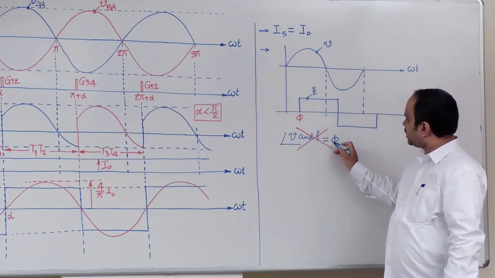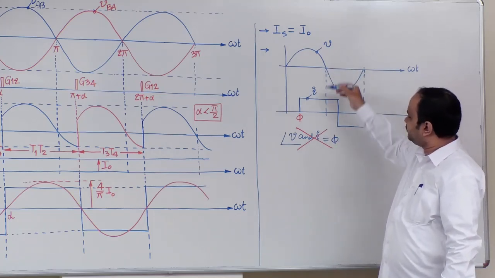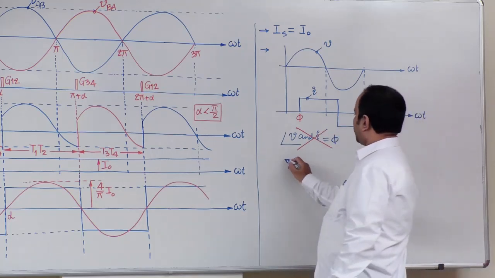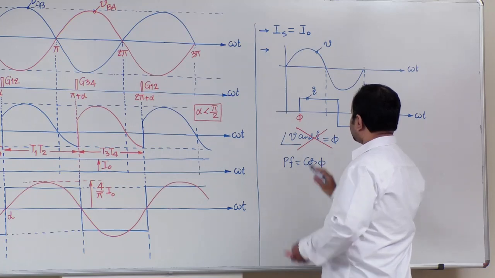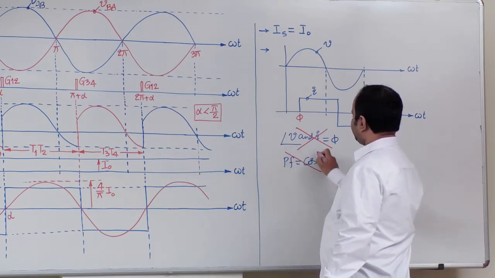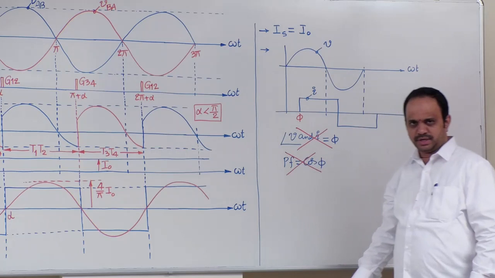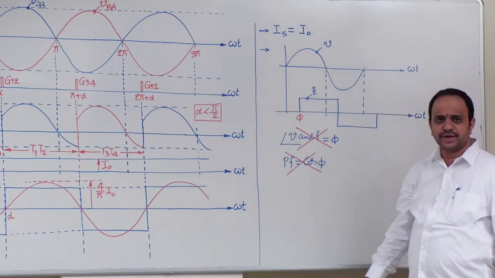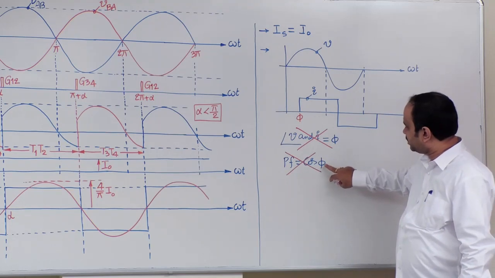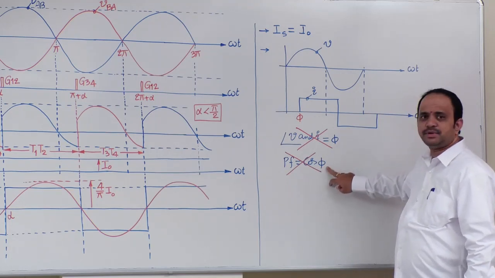Whenever we are not able to define a phase angle between V and I, the definition power factor is equal to cos phi is not applicable. Remember carefully, power factor is equal to cos phi is applicable only when phi is available.